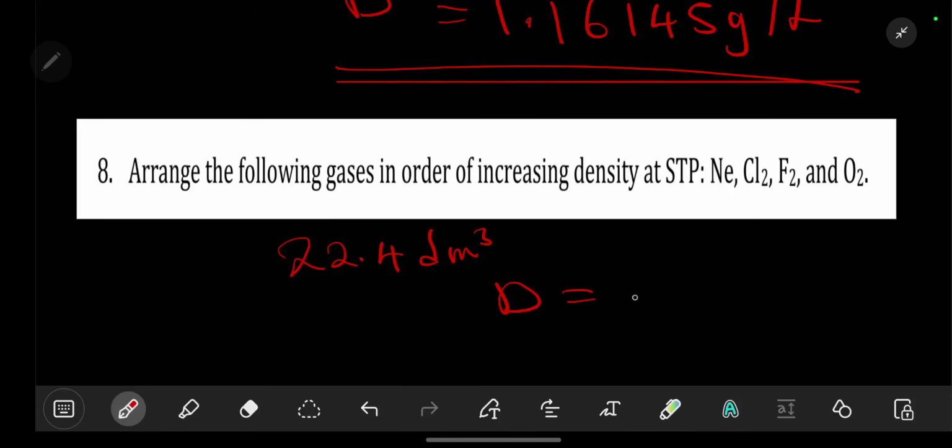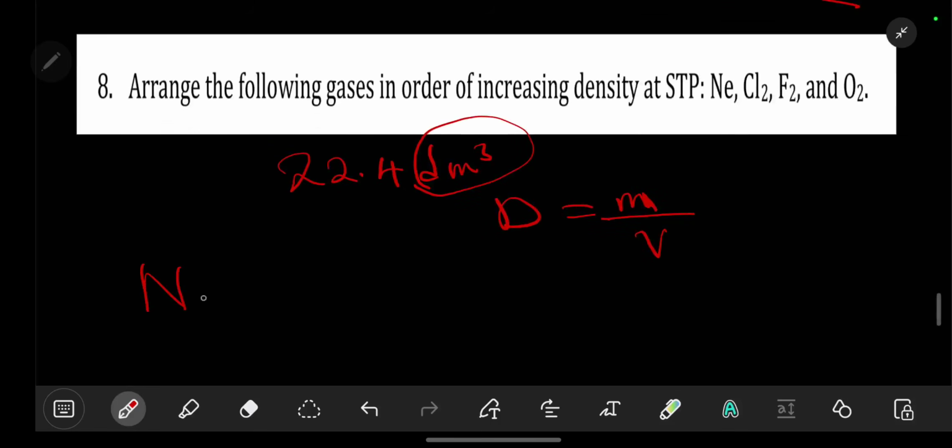And we know that density is equal to the mass over the volume. The volume is the same, so whatever has got the greatest mass has got the greatest density. So we are going to put first our neon, then our Cl2, then our F2, and our O2.